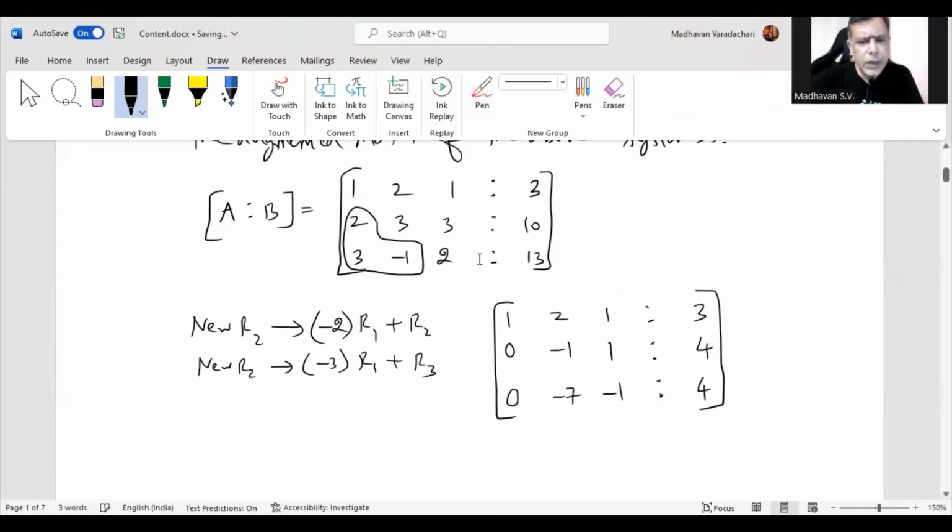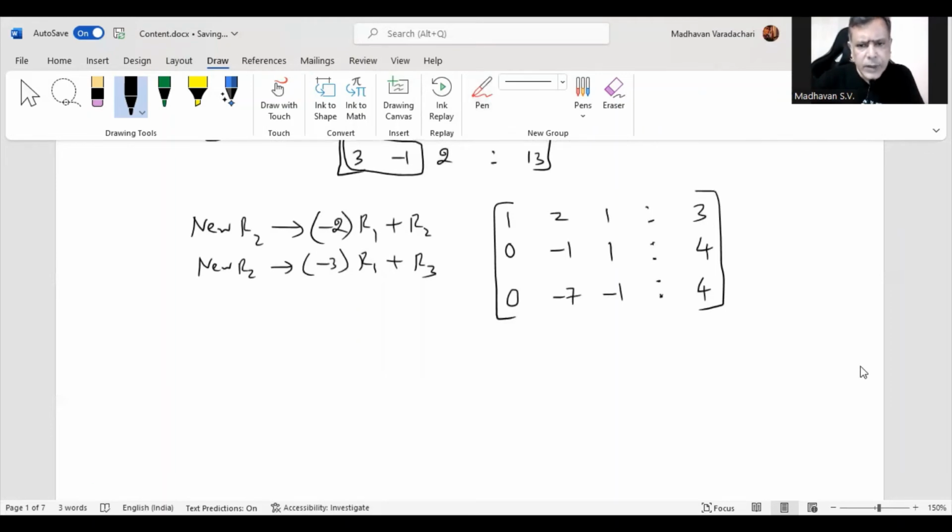Now, only one element we are supposed to convert, which is this negative 7. We want to make this minus 7 to 0. Accordingly, we'll be choosing. So what can be done? I'm going to change the third row. New row 3 will be something times row 2 plus row 3.